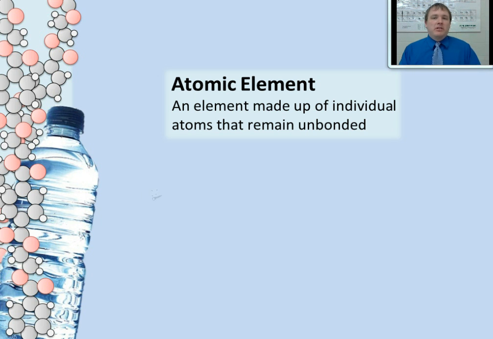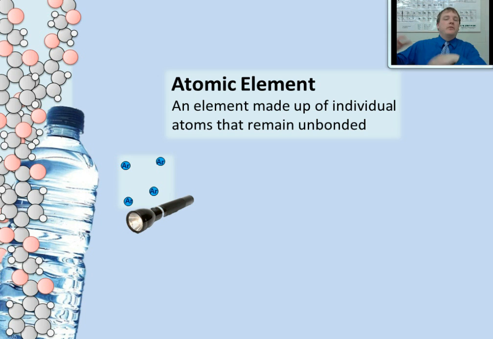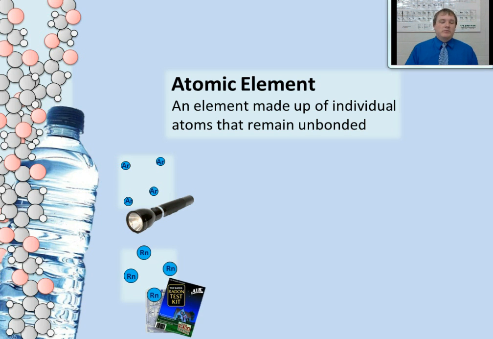So an example of this is argon, which is made up of individual argon atoms that fly around freely as a gas, and they don't bond to other argon atoms. This would be an atomic element. Another example of an atomic element would be something like radon. Radon is a very heavy elemental gas.